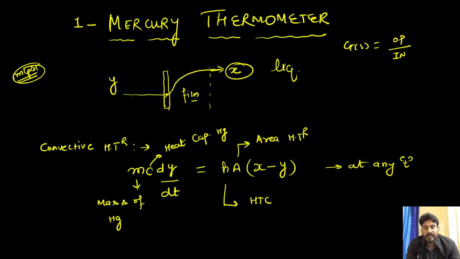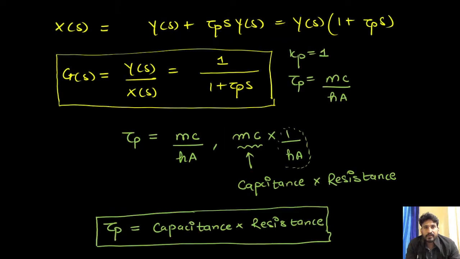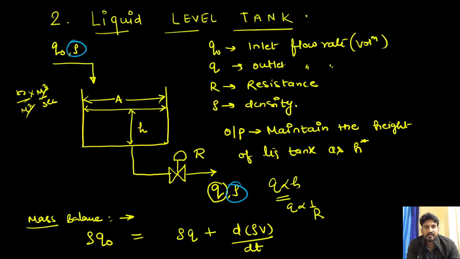If we know the value of the Kp and tau p for a particular example, then by comparing the transfer function of the first order system, we can manage the transfer function of that particular example. Like in the mercury thermometer, my Kp value is 1 and tau p value is mc upon hA, and that tau p is my product of capacitance into the resistance.